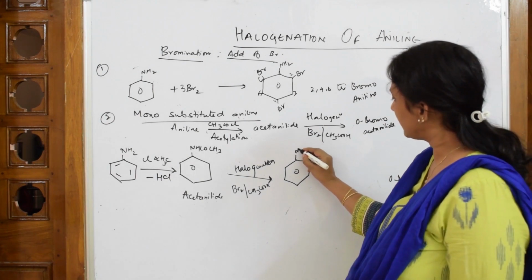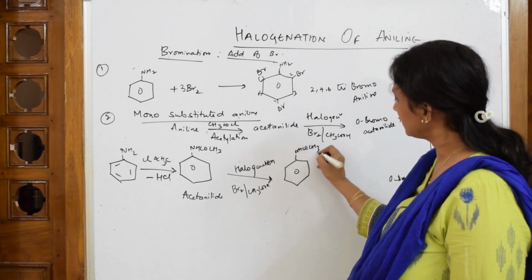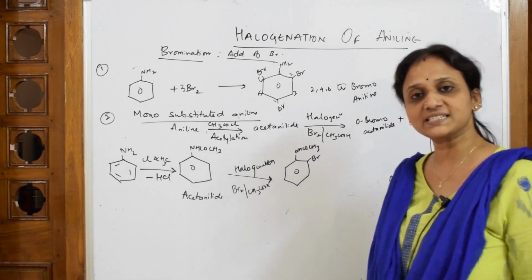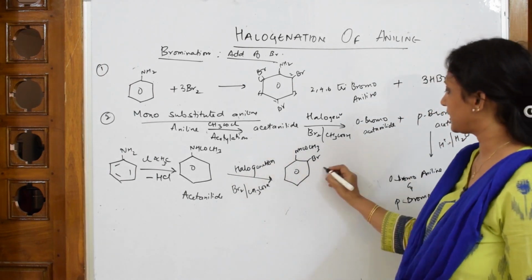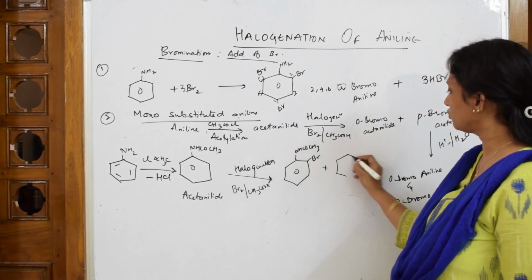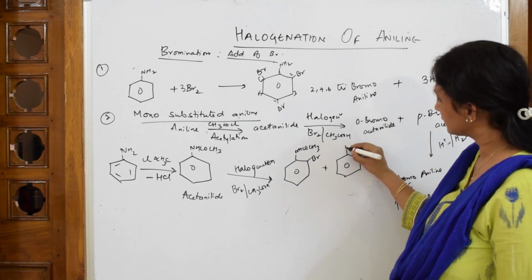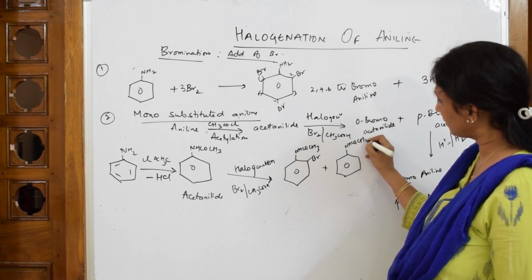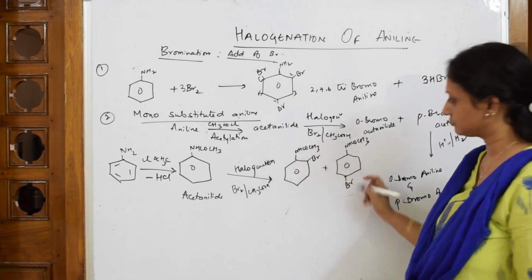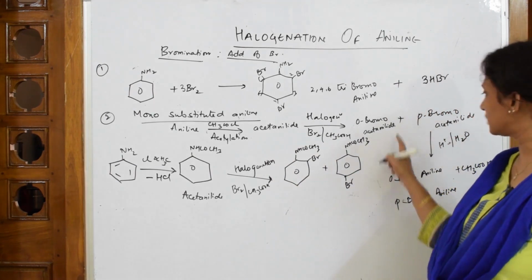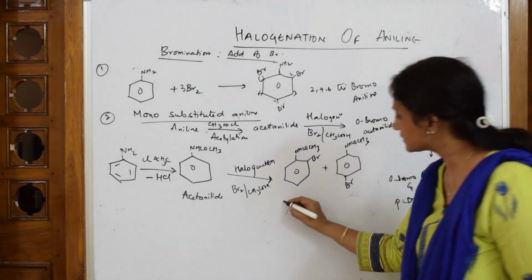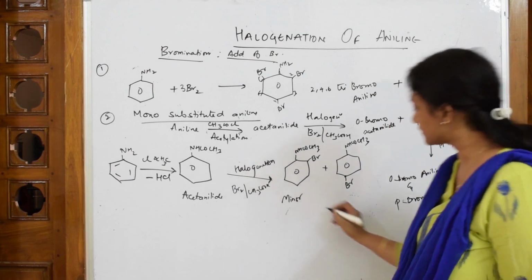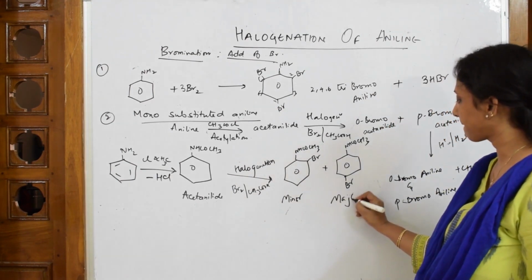One is NHCOCH3, that is orthobromoacetanilide, plus you get one more product, that is parabromoacetanilide. Orthobromoacetanilide, parabromoacetanilide. I have written here. This is the minor product. Ortho is always minor, para is major.